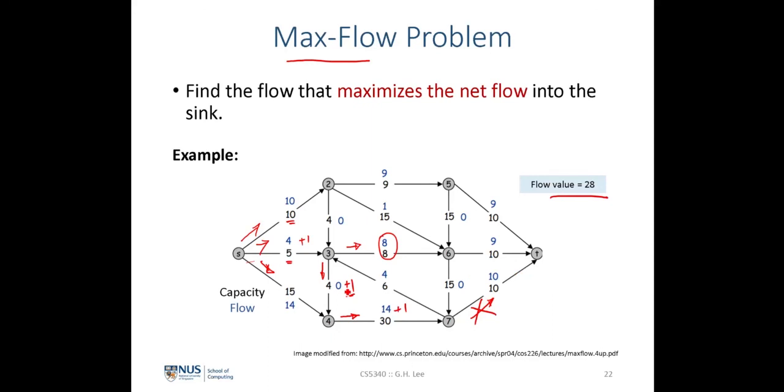And we can also verify that it's not possible to send another additional flow over here. So if we were to add plus 1 on the edge that links node 7 to 4, we'll end up with the same problem: this plus 1 will not be able to be sent across the edge from 7 to the sink.